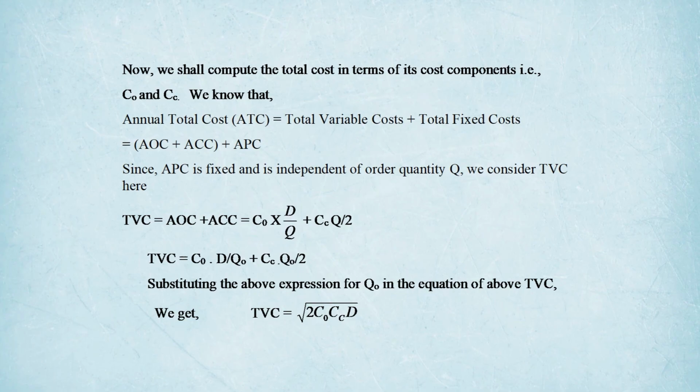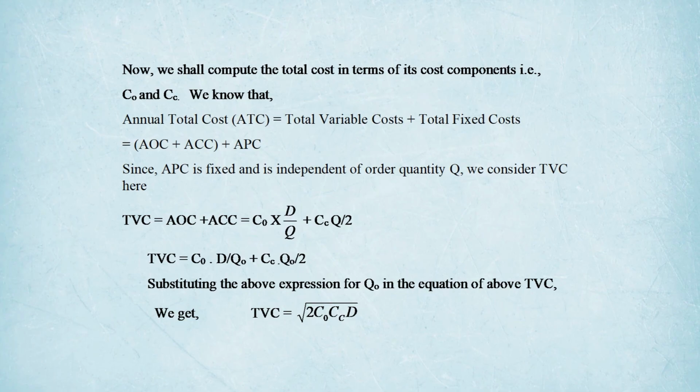And if we come to total cost in terms of C0 and C, this is the TVC, total variable cost, equal to C0 into D by Q plus C into Q by 2. The fixed cost is always fixed.